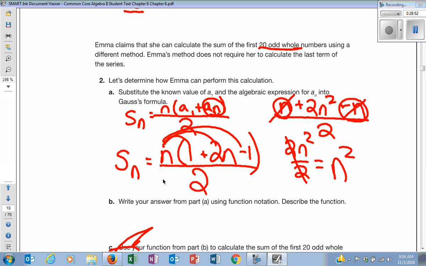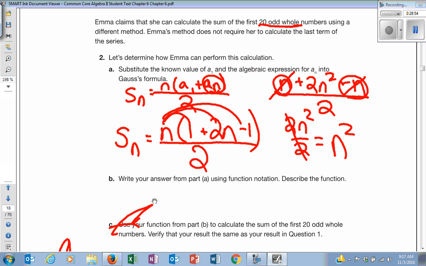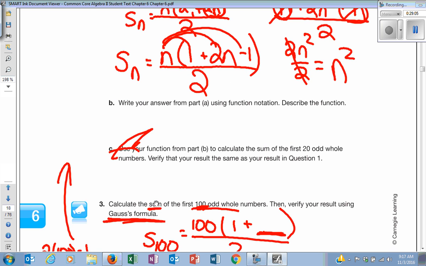So this is the summation formula that would be much easier to use. Like right here, when they say calculate the first 20 odd whole numbers, using this formula all you have to do is take 20 squared.